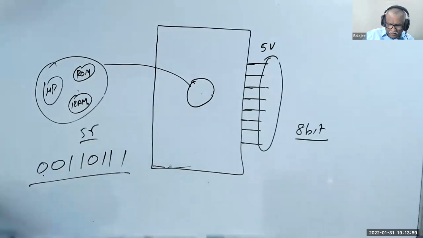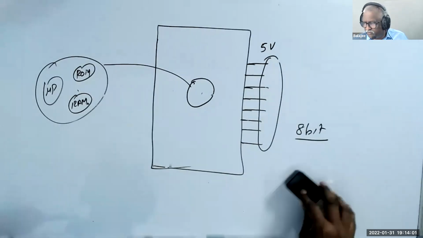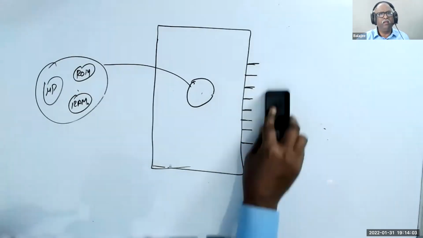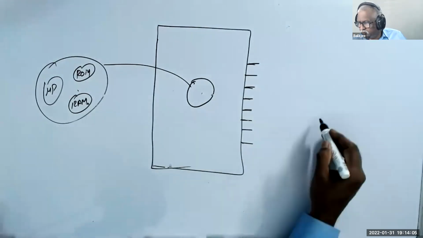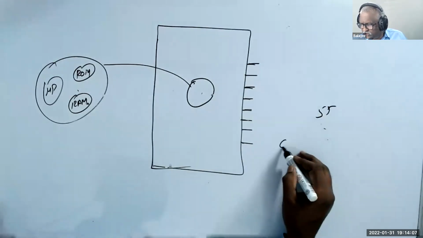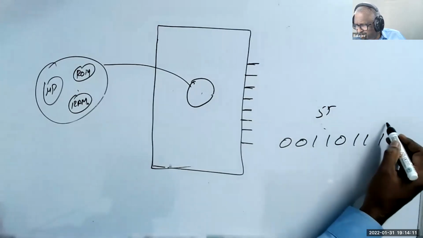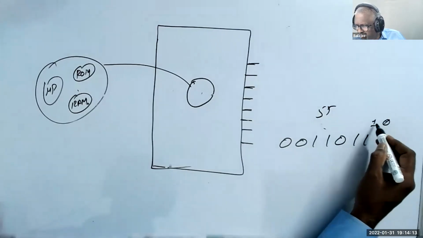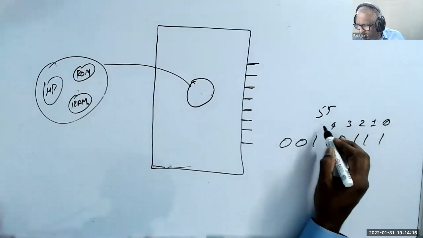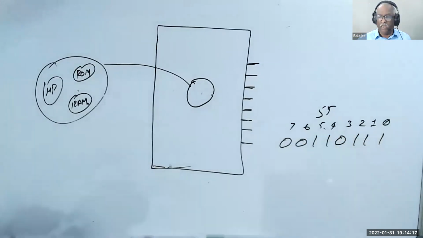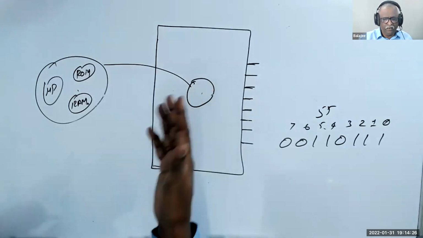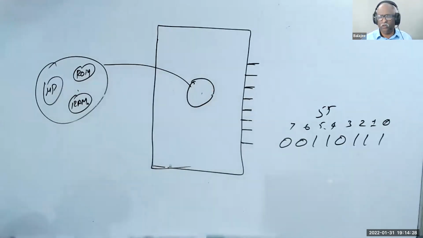And also here, if I say 55, it is 0, 0, 1, 1, 0, 1, 1, 1. This is bit 0, bit 1, bit 2, 3, 4, 5, 6, 7. Always understand, this is always a group of 8, 1 bit is not possible, please. That's the way they designed it.